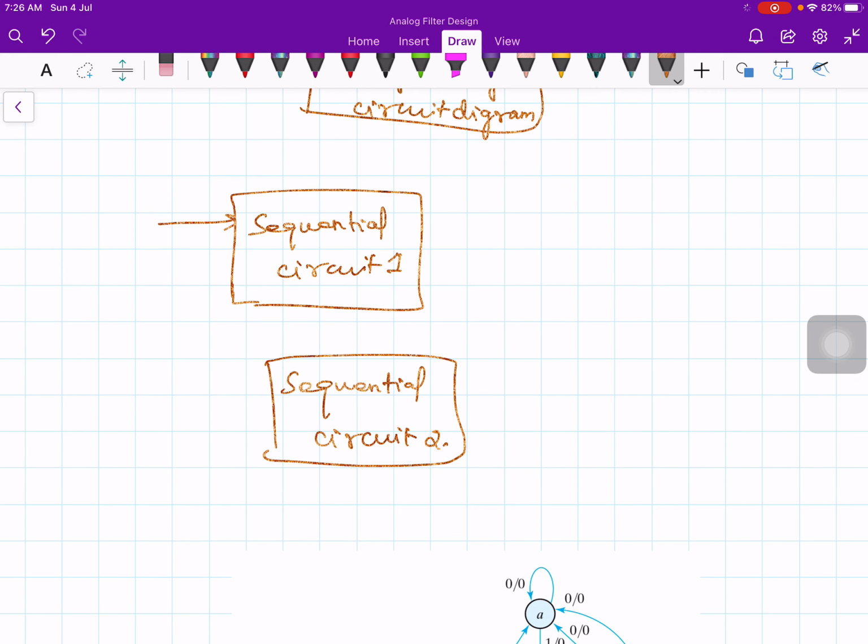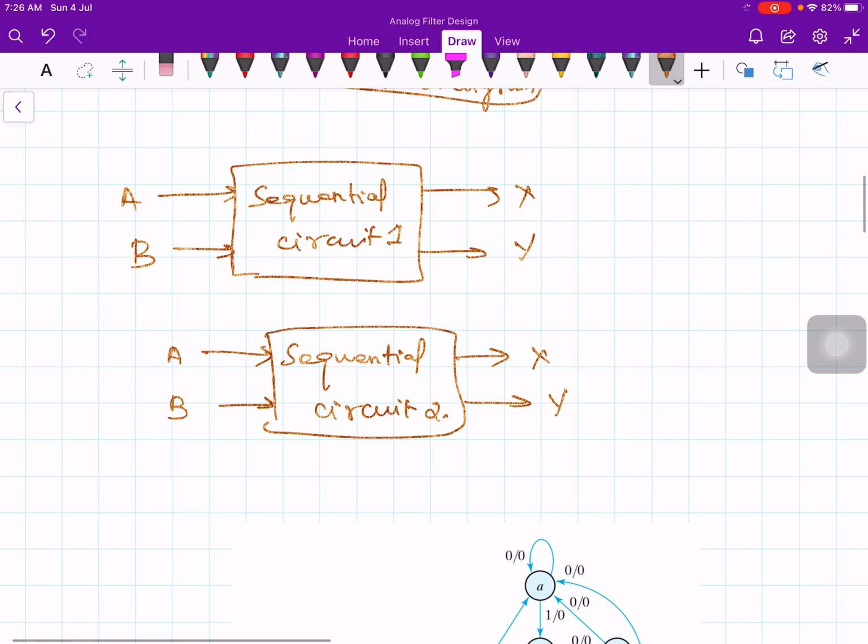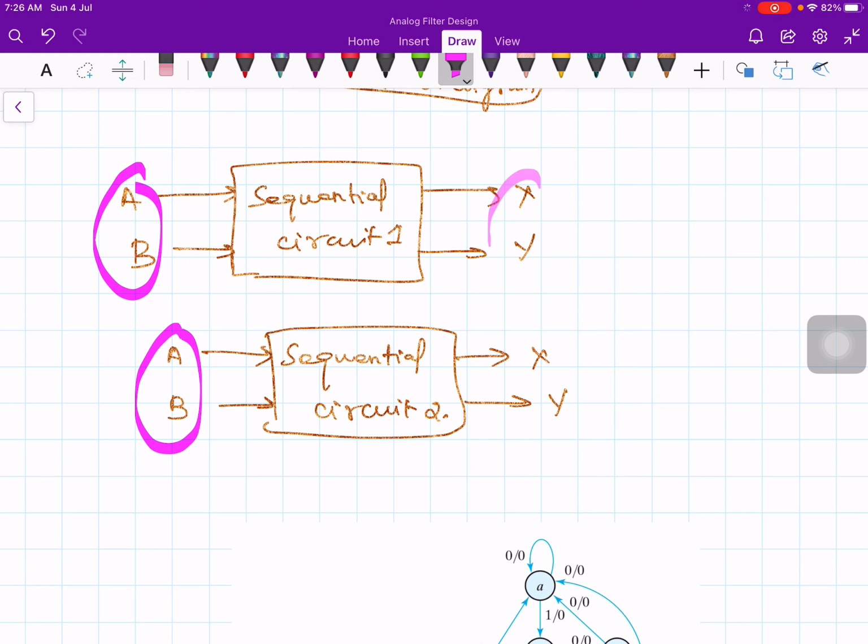I am giving inputs, A and B, and it produces corresponding outputs, let's say X and Y. Here also I am giving the same A and B, and this one also produces the same outputs X and Y. So what I am trying to say here is two sequential circuits may exhibit the same input output behavior. Here the input is A and B, and here also A and B, and both of them produce the same output.